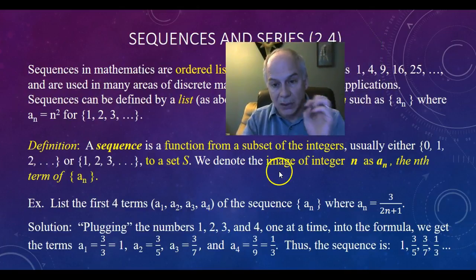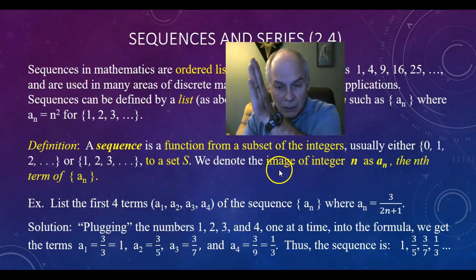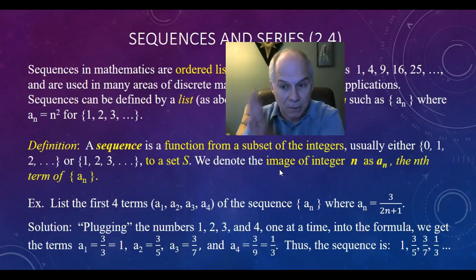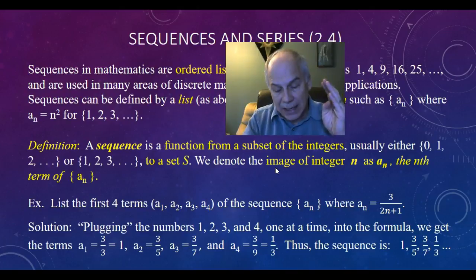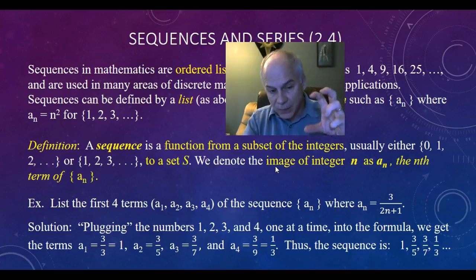So it goes from the n's, a subset of the integers, to a set S, which are some values in the sequence, but we don't know what they are depending on the formula.